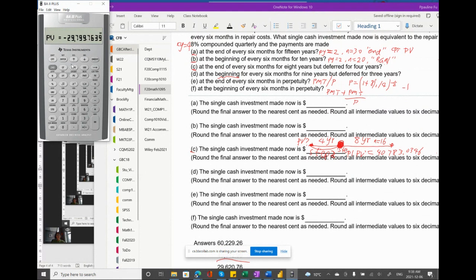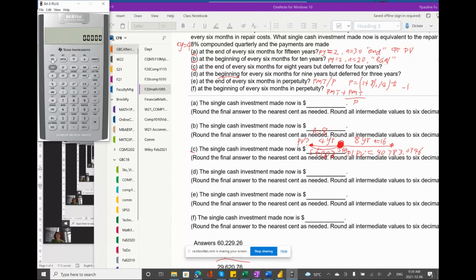Part C is the same for 8 years, but deferred for 4 years. So during the 4-year period, N equals 8. This is for 8 years, deferred for 4 years. I will double check from step 1. So PY is 2, CY is 2.